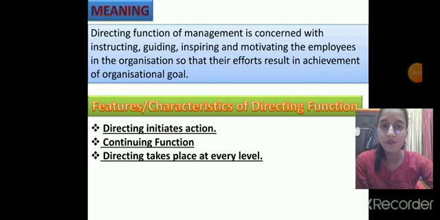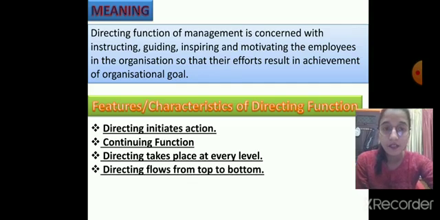The third feature of directing is that directing takes place at every level, which means directing is pervasive. It takes place wherever there is a superior and subordinate relation. So the managers working at every level must guide, motivate, instruct and communicate with their subordinates to get the work done.